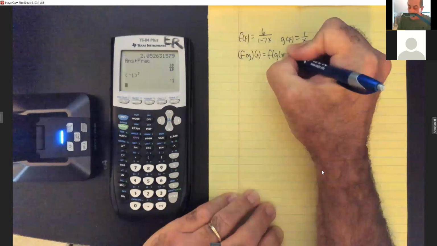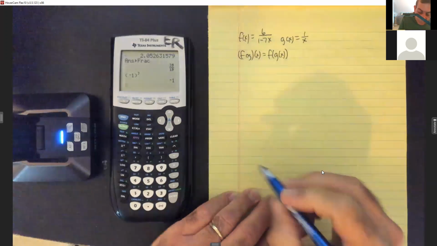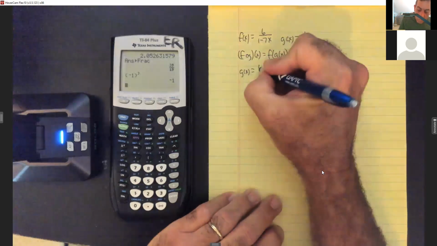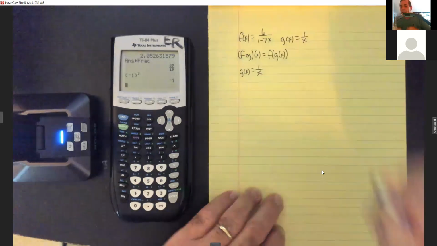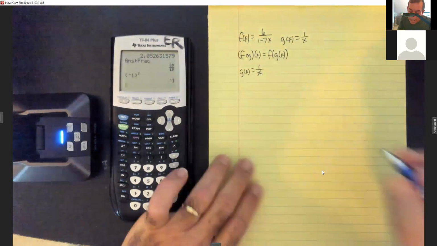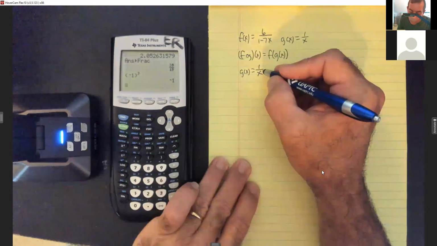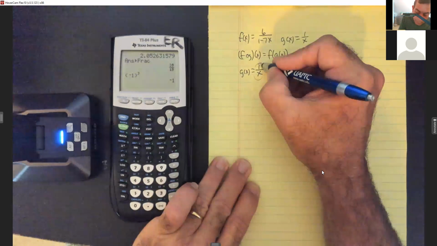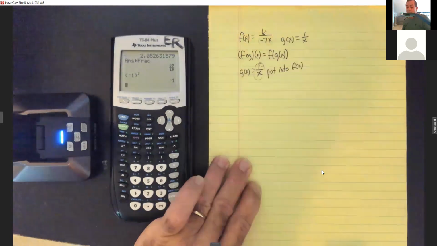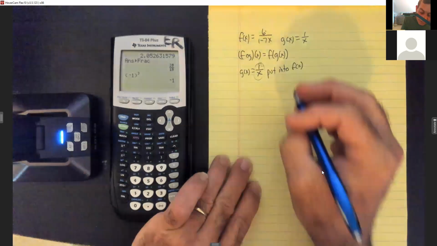So we would start with the g of x. Well, g of x equals 1 over x, and there's nothing else I can do to that. Which means now I got to take this 1 over x and put it into the f equation.